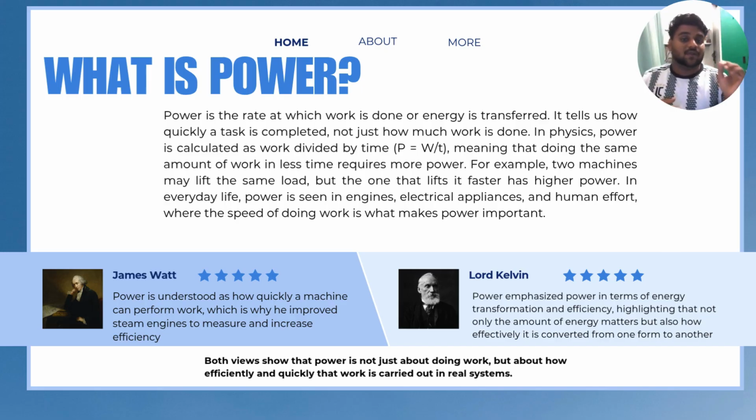In the opinion of Lord Kelvin, power is emphasized in terms of energy transformation and efficiency, highlighting that not only the amount of energy matters but how efficiently it is converted from one form to another. So both of them show that power is not just about the work done but about how efficiently and quickly that work is carried out in a real system.